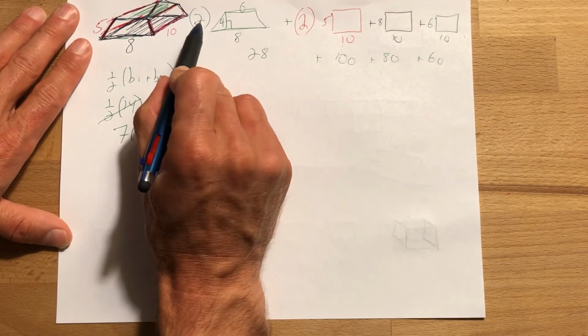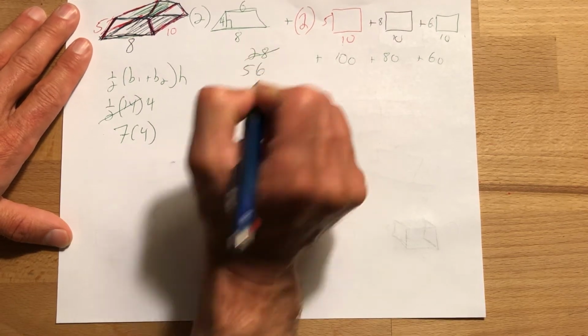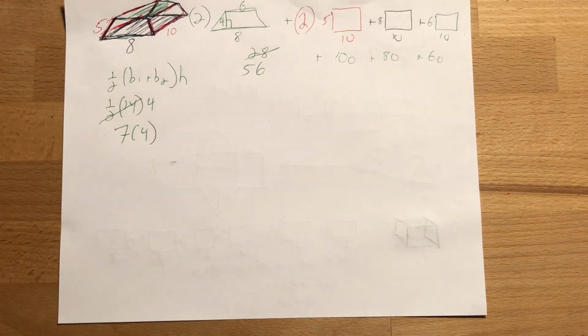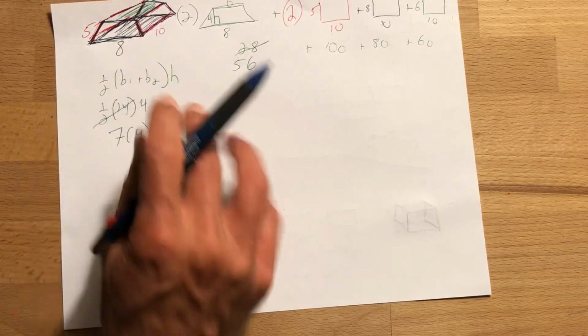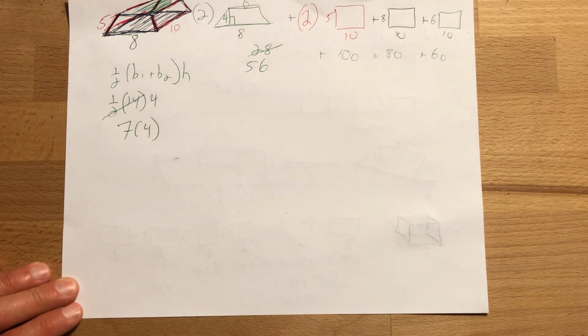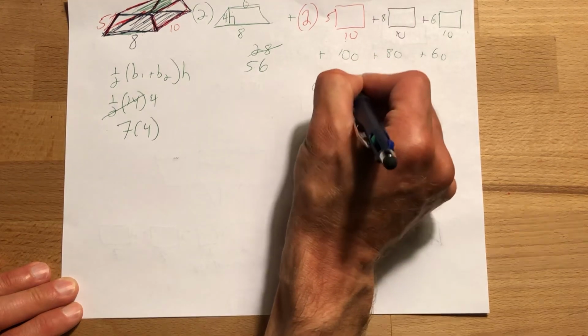But I have 2 of them. 28 and 28 is 56, because that consists of this and the back trapezoid. 56 plus 100 plus 80 plus 60 gives me 296 units.